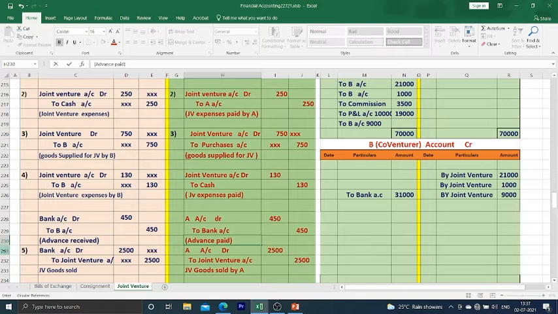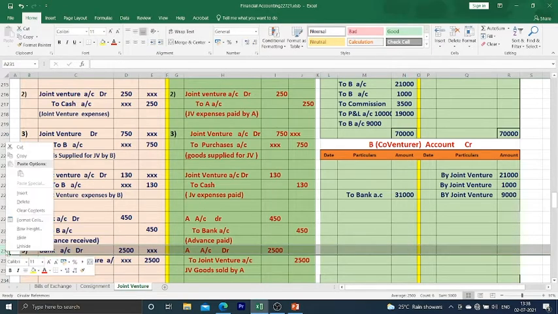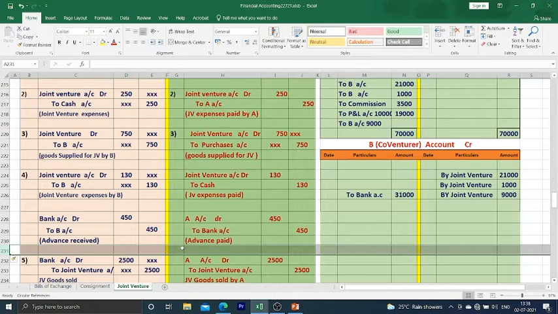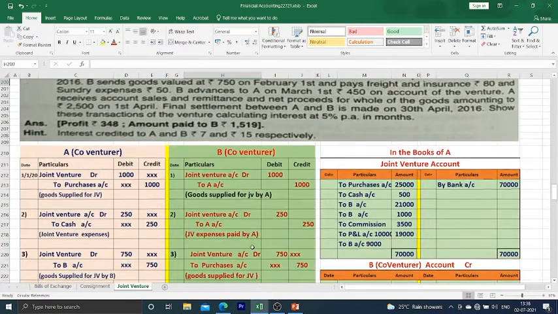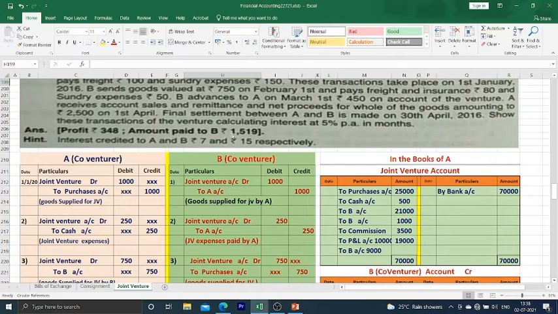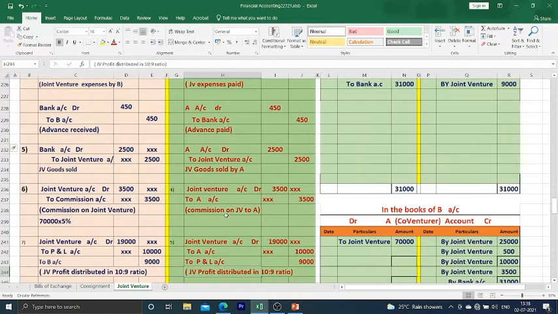This happened in the month of, we'll check it. Okay. The advance is on March 1st, March to April, so 2 months interest A has to pay.